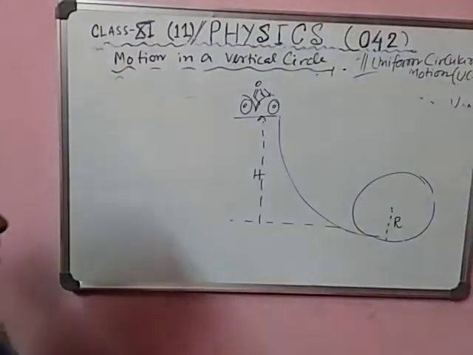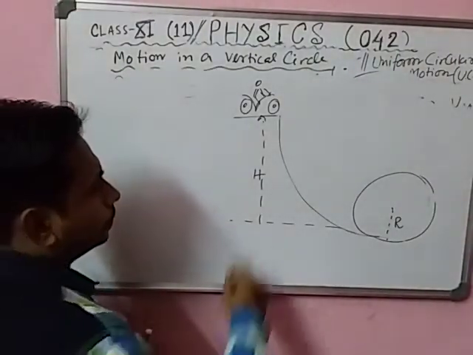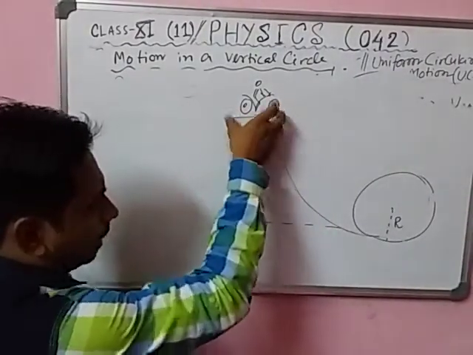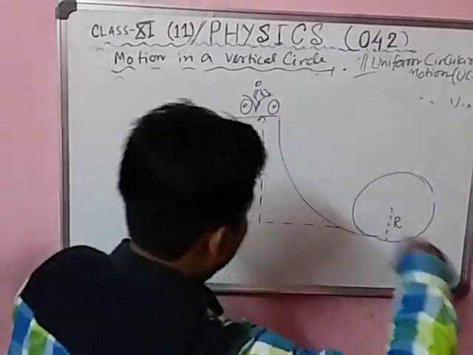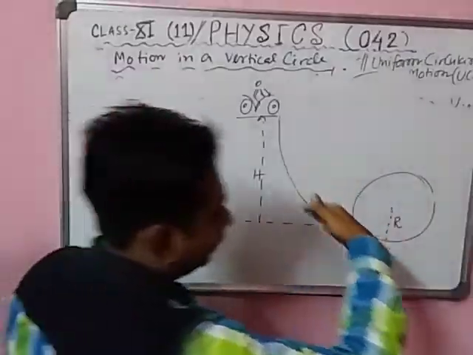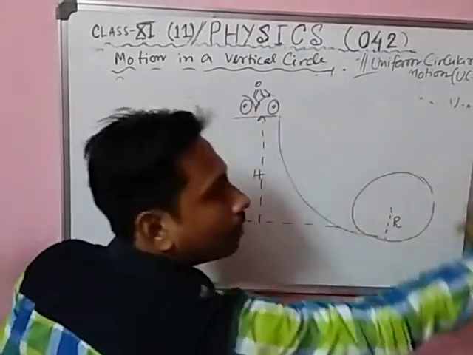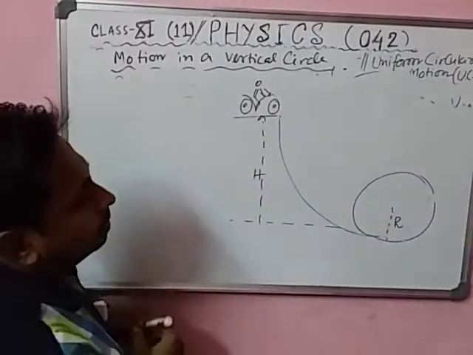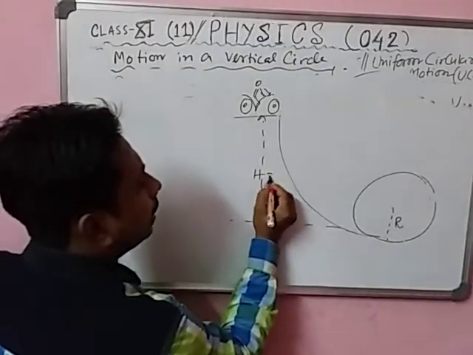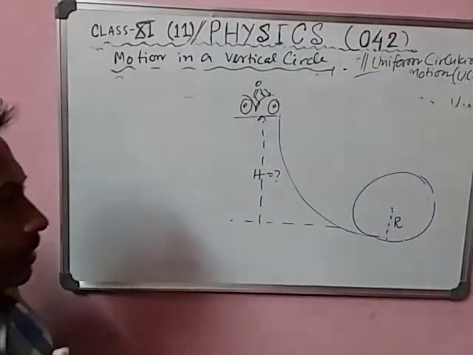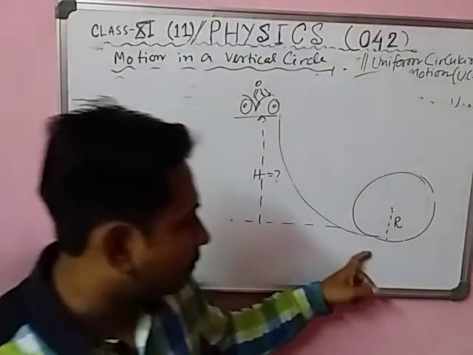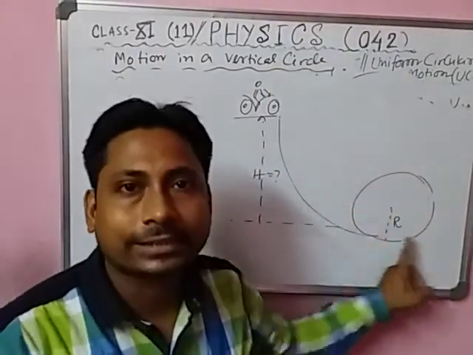Find the height from which the bike rider can travel so that he can make a vertical circular motion. So you have to find the height for which the bike rider can travel in this vertical circle.